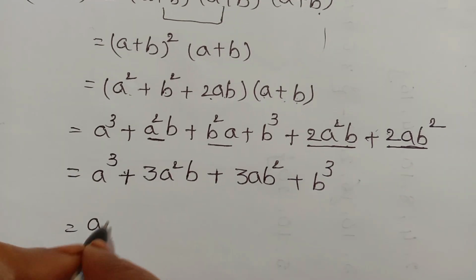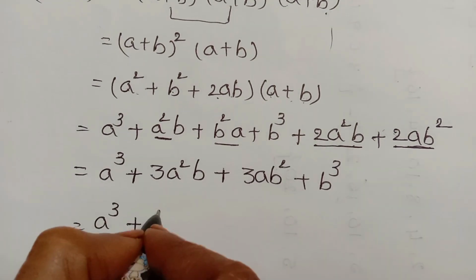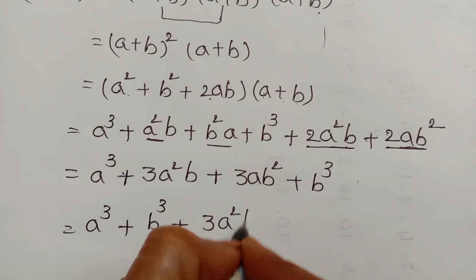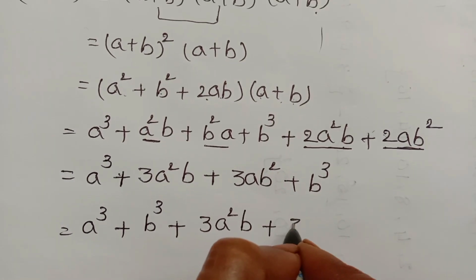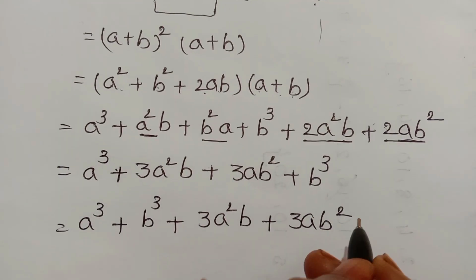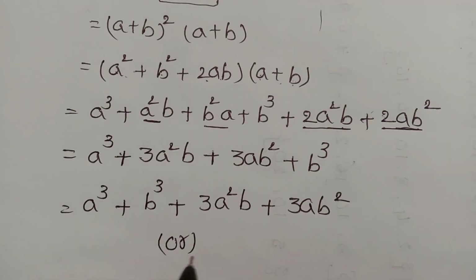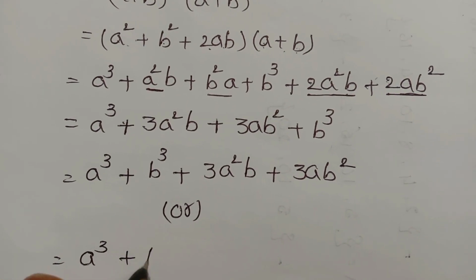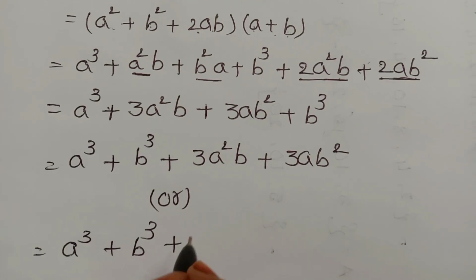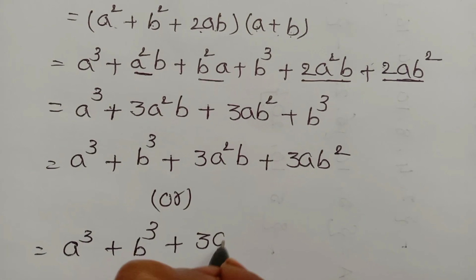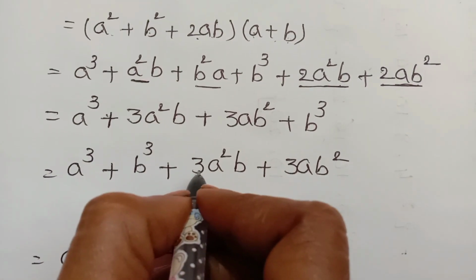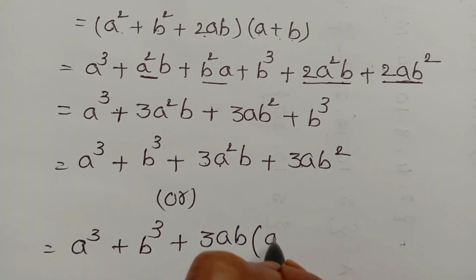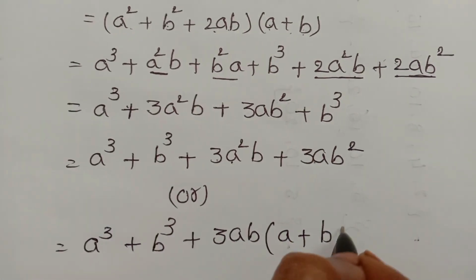That is equal to a cube plus b cubed plus 3a square b plus 3a b square, or a cube plus b cube plus 3ab, 3ab common, remaining a plus b.